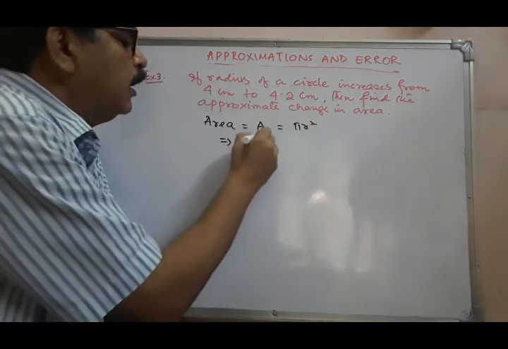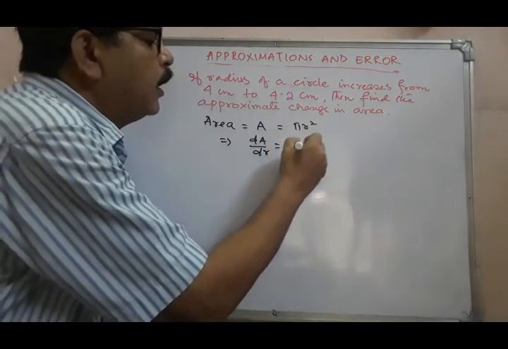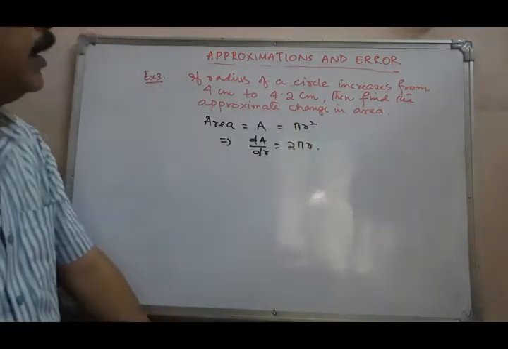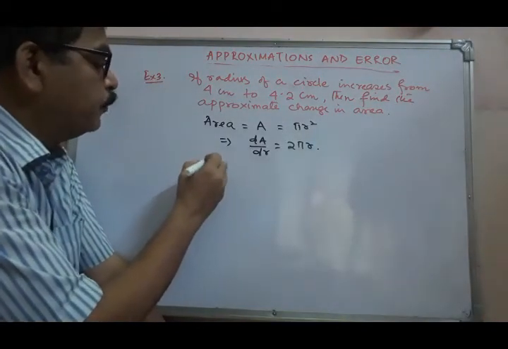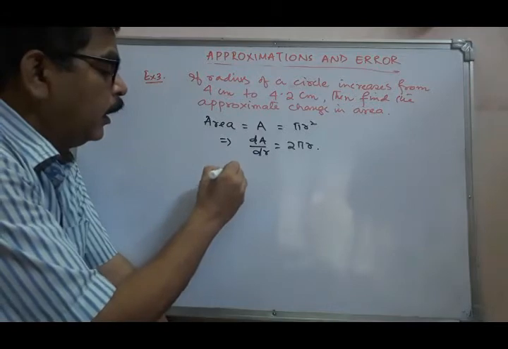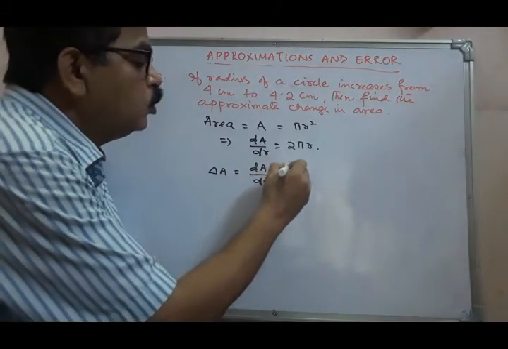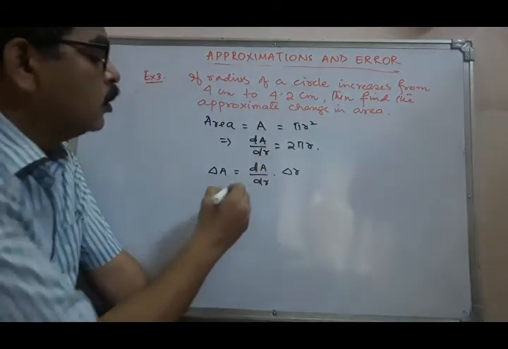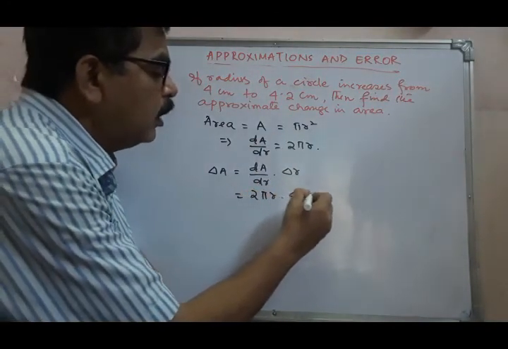So therefore dA by dr equal to 2 pi r. We have to use the relation delta A equal to dA by dr into delta r. So that is 2 pi r into delta r.